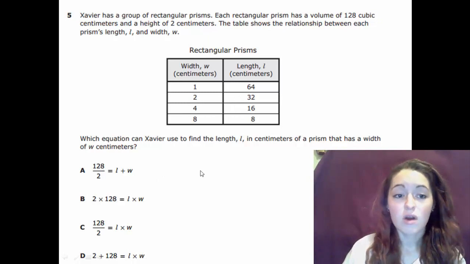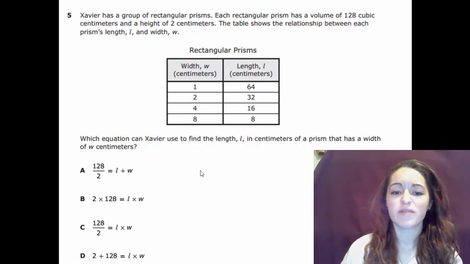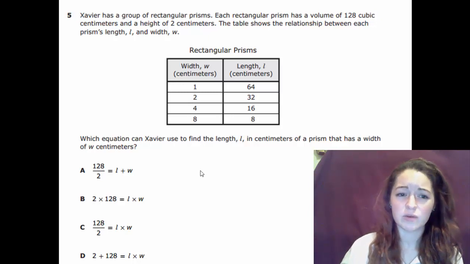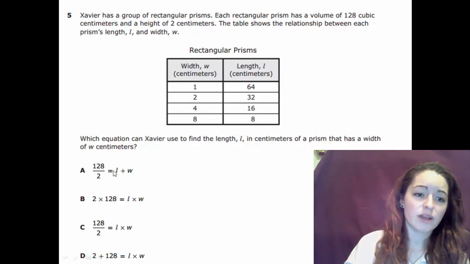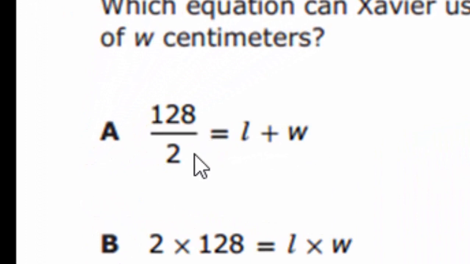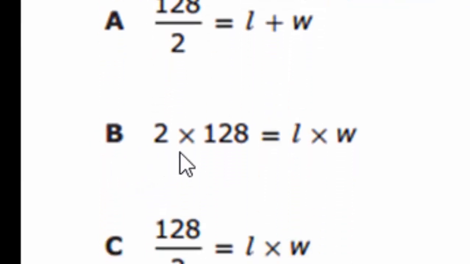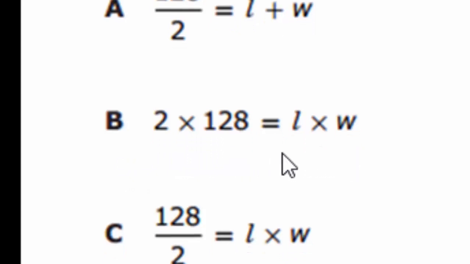The question says, which equation can Xavier use to find the length L in centimeters of a prism that has a width of W centimeters? So we have answer choice A, 128 over 2. Also remember that that means divided by. So we could also say 128 divided by 2 equals L plus W. Then we have B, 2 multiplied by 128 equals L times W, length times width.